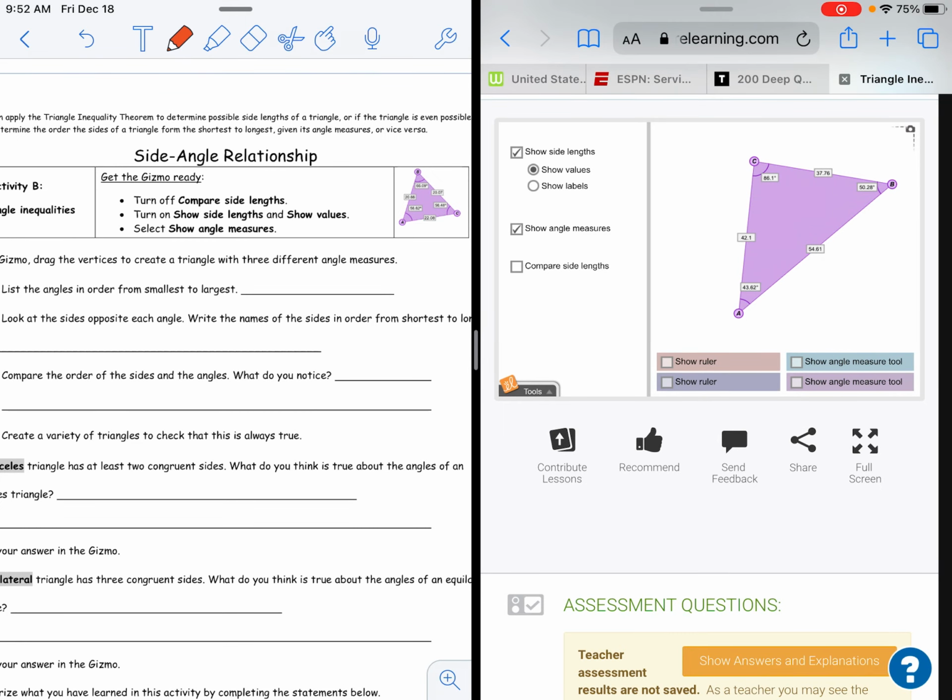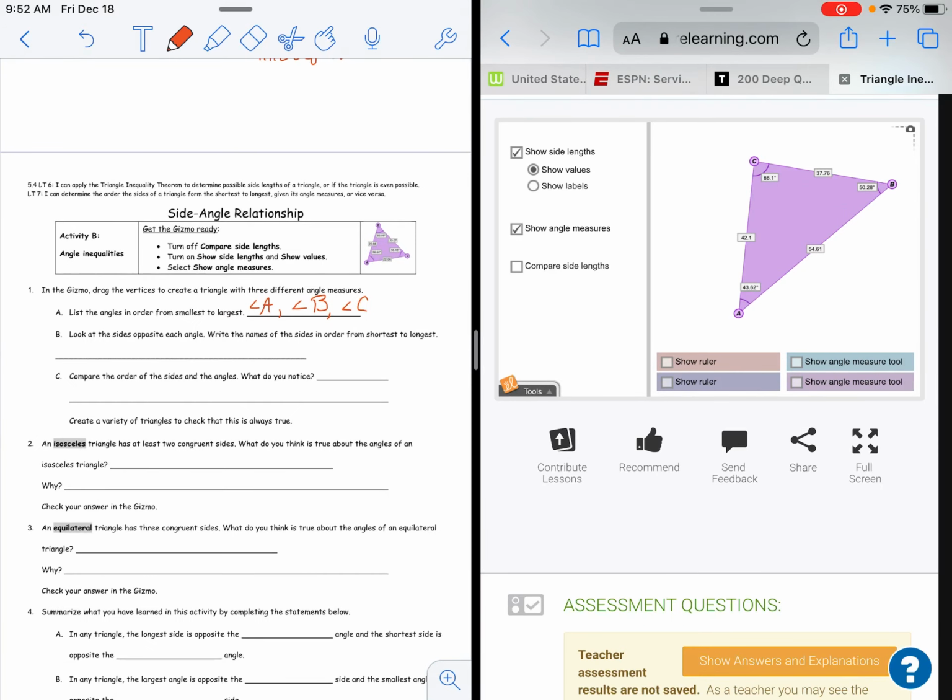The smallest angle is angle A. The second smallest angle is angle B. Kind of went in alphabetical order. I didn't do that on purpose. Interesting. Those were the angles from smallest to greatest. A was 43.62 degrees, B was 50.28 degrees, and C was 86.1 degrees.